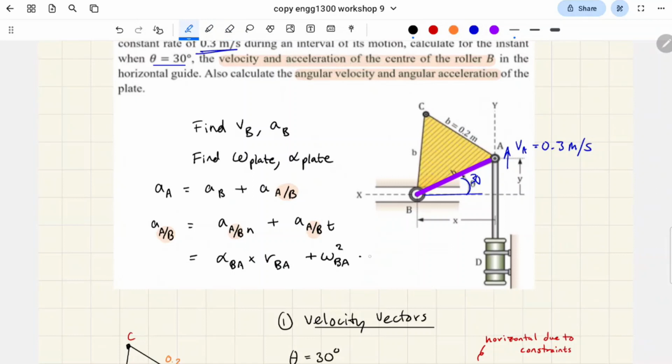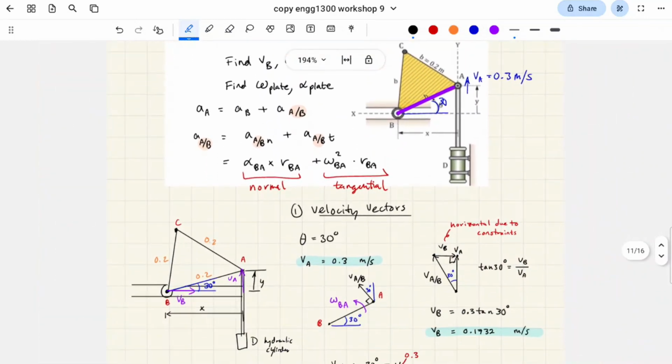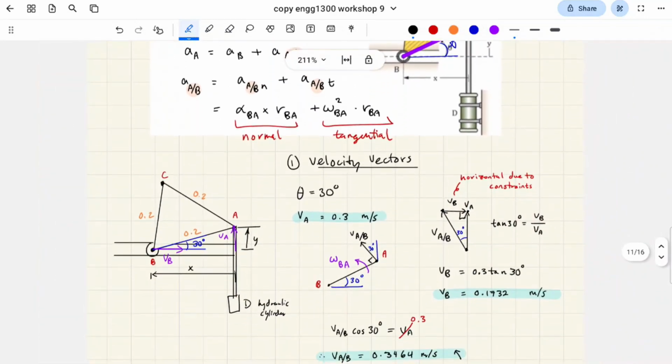Which would look something like this. And so this is the normal component, and this is what the tangential component is equal to in terms of formulas. I don't know if we've seen these before in lectures, but here they are now. But yeah, I'll leave that up there.